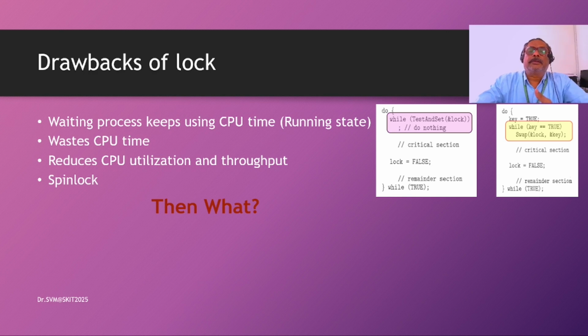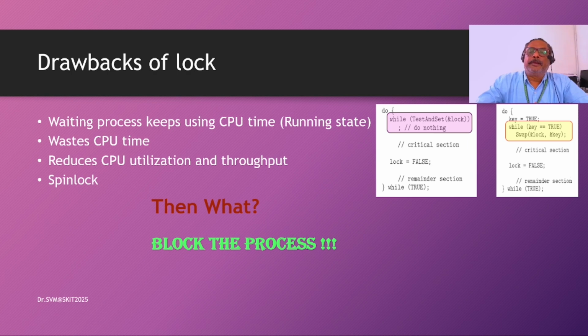Why not just pause the execution and after some time try again? This pausing of the execution is what we call blocking the process. Instead of waiting here indefinitely, why not block it? Don't keep it in the ready list.